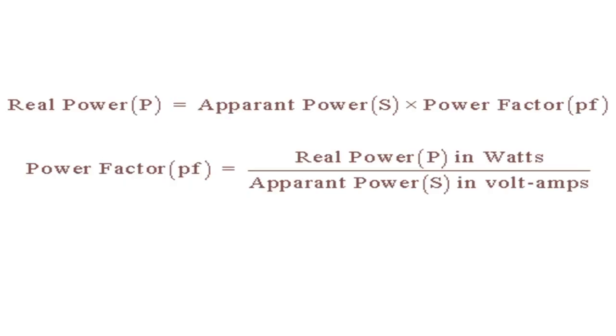And see, we can say real power is equal to apparent power times power factor, that is V into I into power factor, or power factor is equal to real power in watts divided by apparent power in volt-amperes.